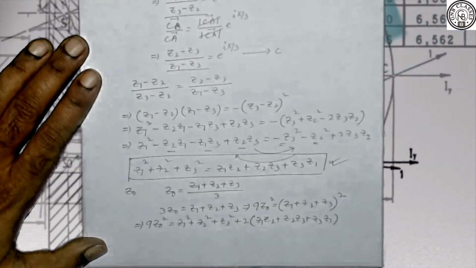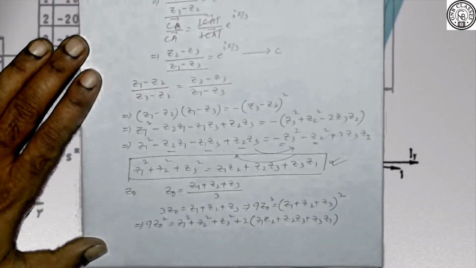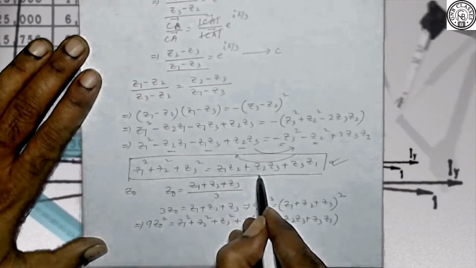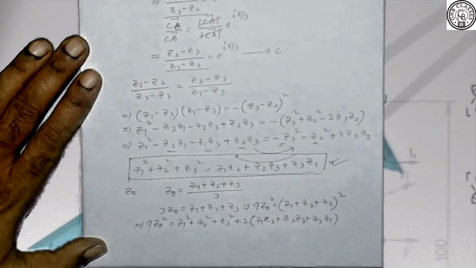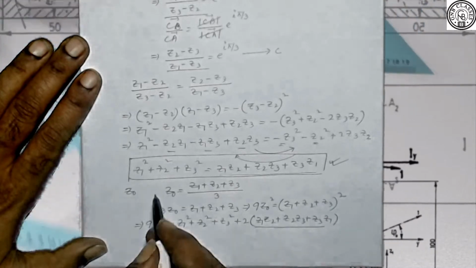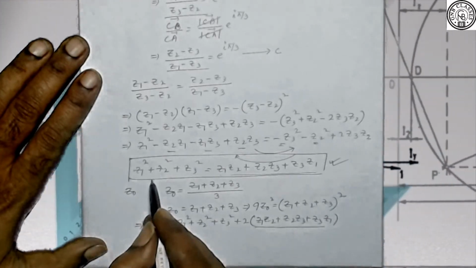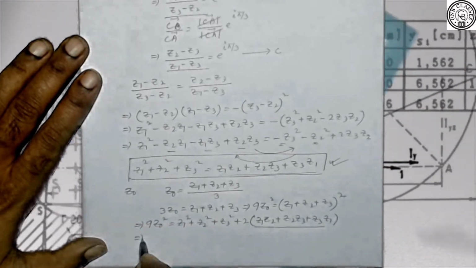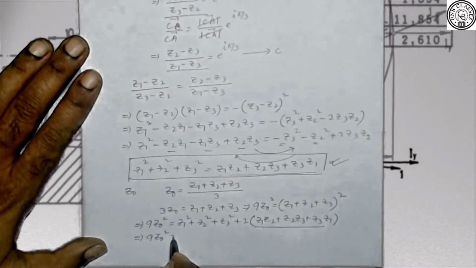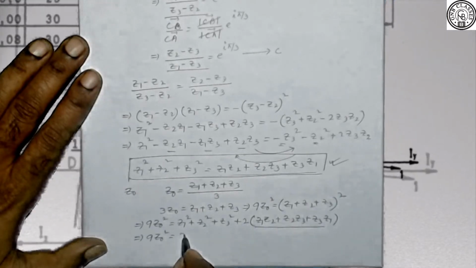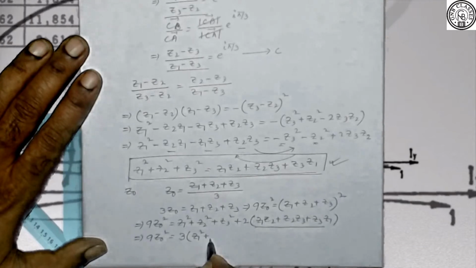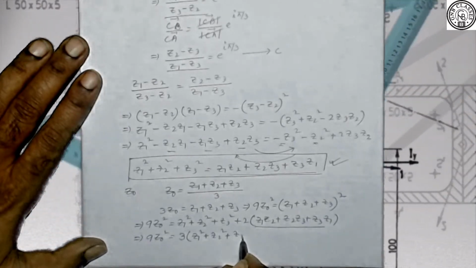Now since it's an equilateral triangle, in place of Z1 Z2 plus Z2 Z3 plus Z3 Z1, I can replace it with Z1 square plus Z2 square plus Z3 square. So we are having 9Z0 square is 3 times Z1 square plus Z2 square plus Z3 square, right?